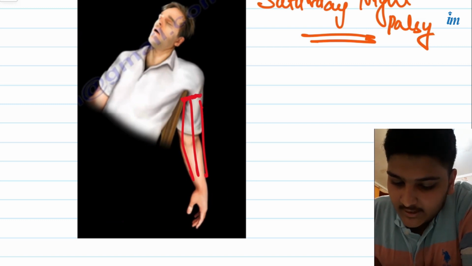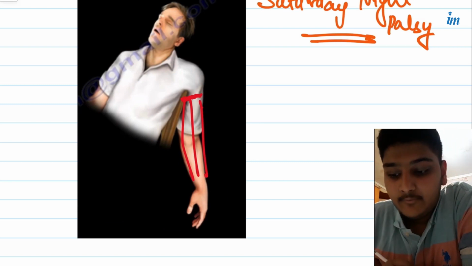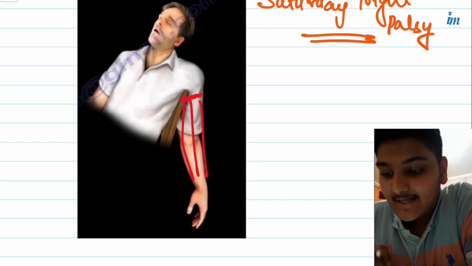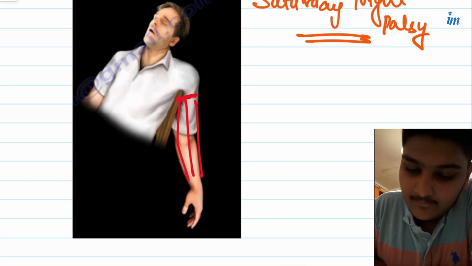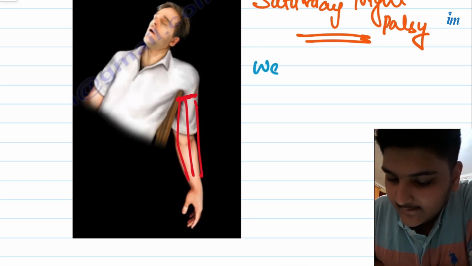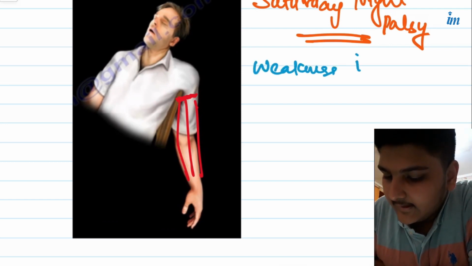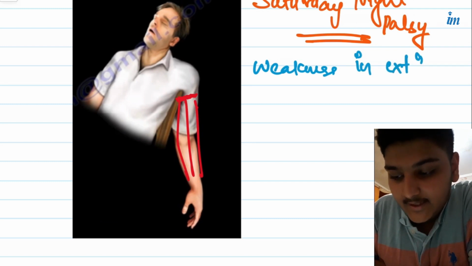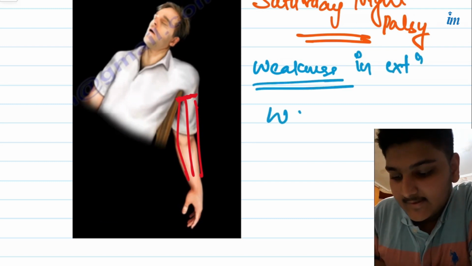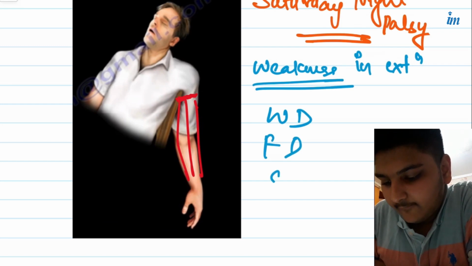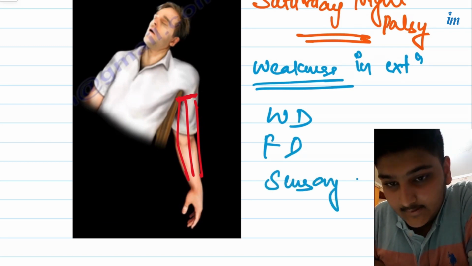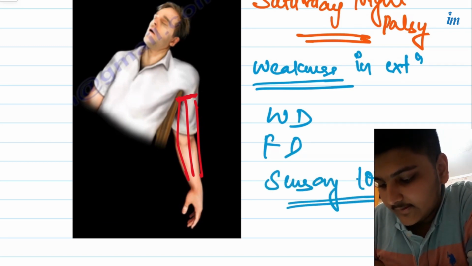This leads to compression of the radial nerve in the spiral groove, and that is why Saturday night palsy occurs. There will be extension with some weakness. Rest all are the same: wrist drop, finger drop plus sensory loss.